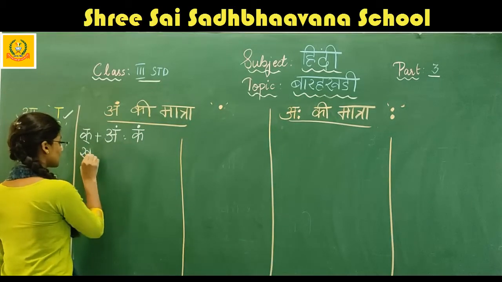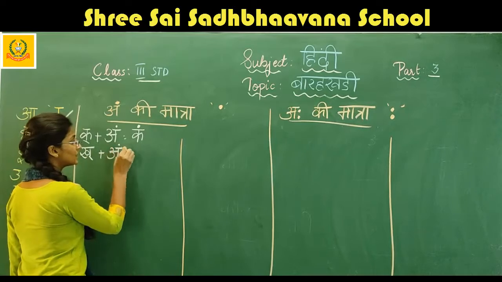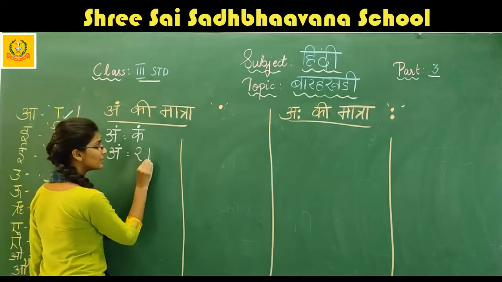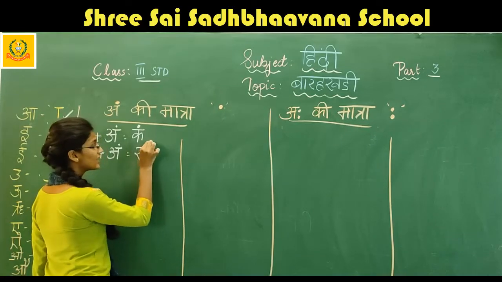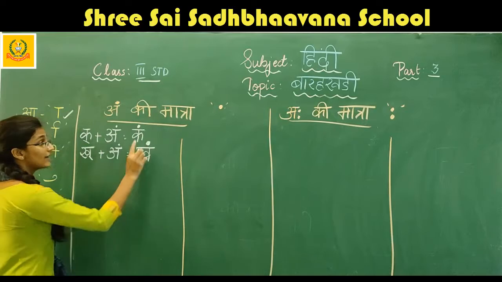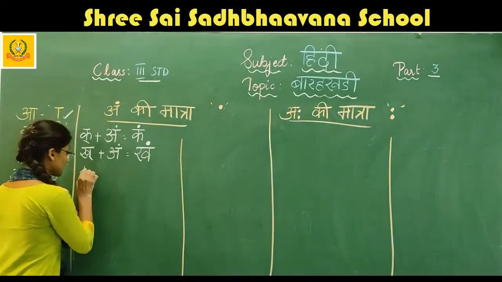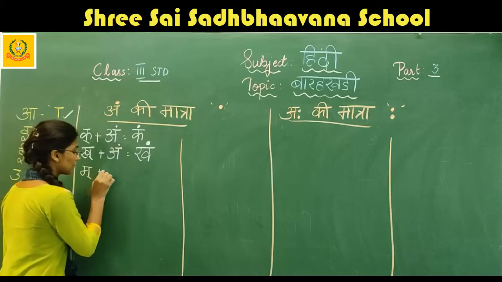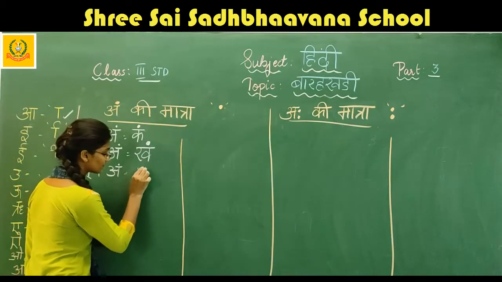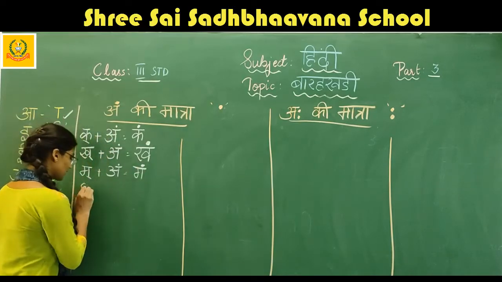Next, ka plus gives you come. Where should I write? Again on the top. See these dots, can you see? I have written big so that you will be able to understand. Next, gha plus gives you gum. Again on the top.